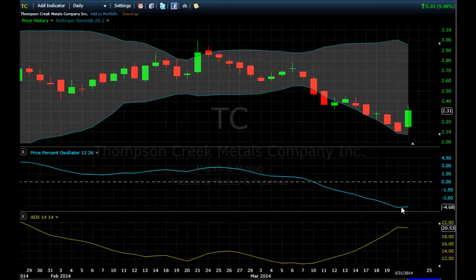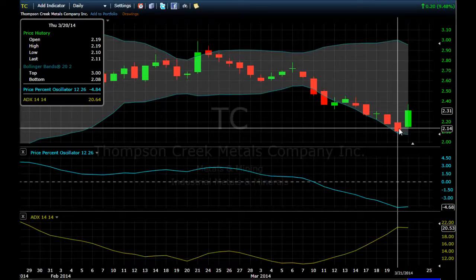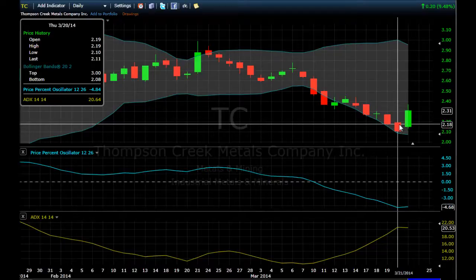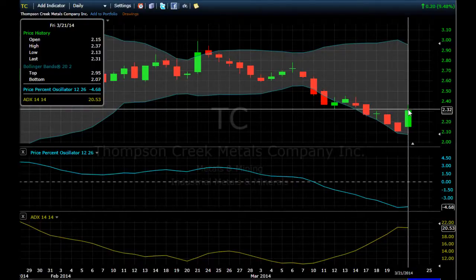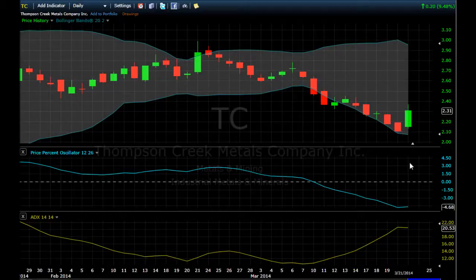Indicators are showing a possible reversal here. If it was yesterday, you could have bought probably anywhere between 210 and 219. Today it popped up to 237. So next week we should see whether this stock will continue to reverse to the upside.